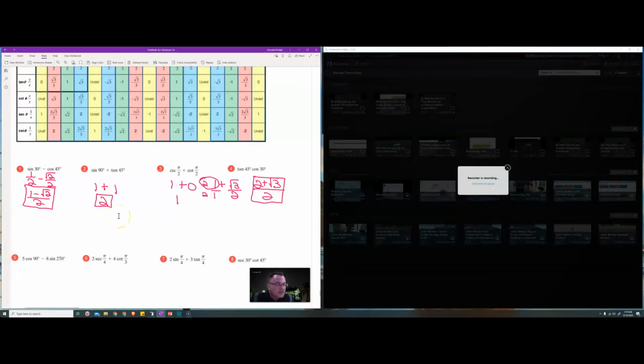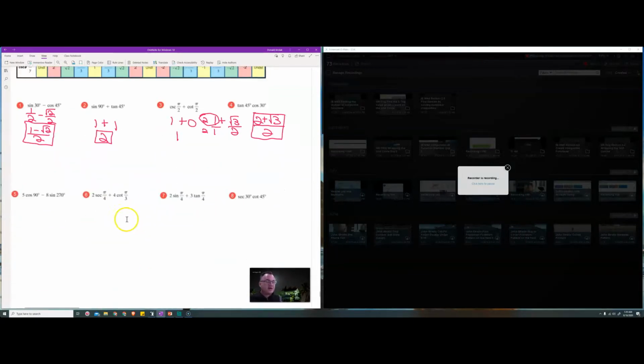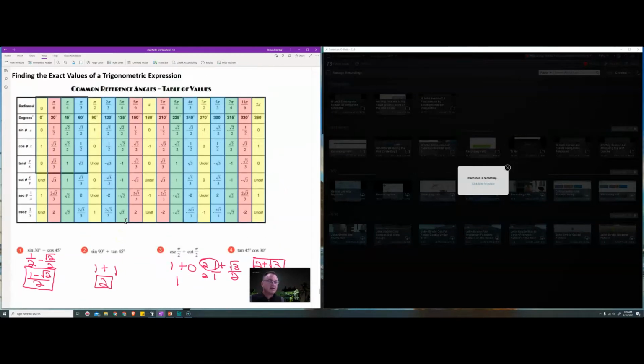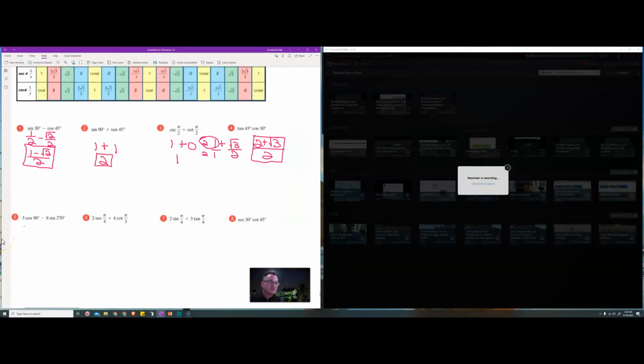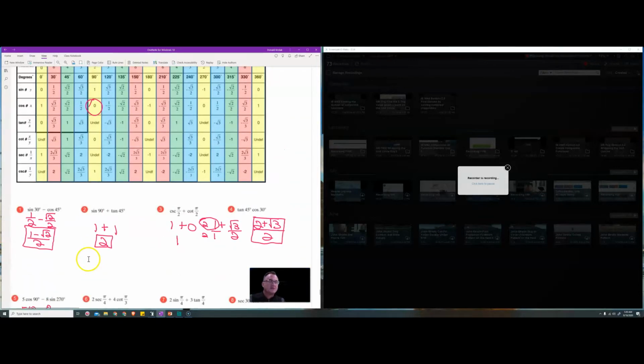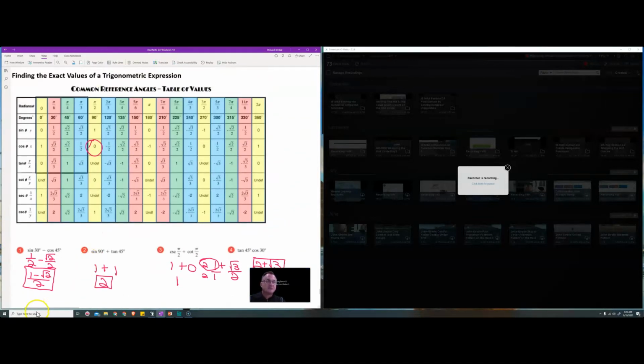Alright, number 5. 5 times the cosine at 90. Okay, so cosine at 90, there's cosine 90, that's 0. So this is just 5 times 0 minus 8 times sine of 270. Well, 270 degrees is 3 pi over 2 right here.